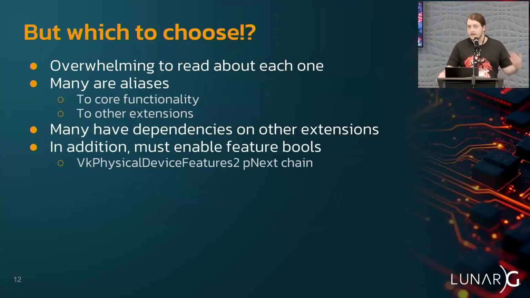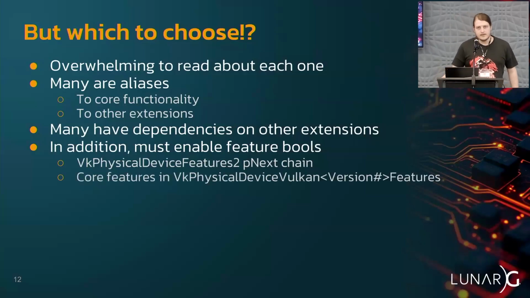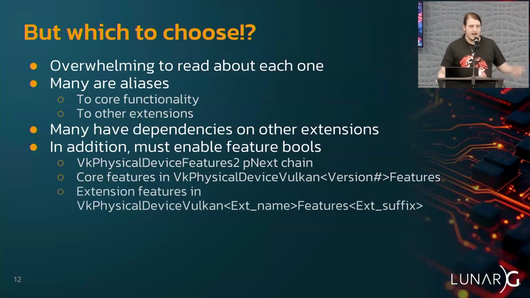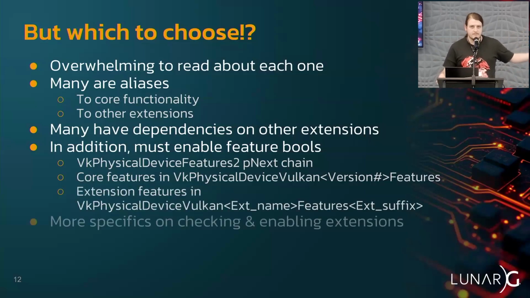You're querying these through the physical device features pNext chain and then enabling them in the vkCreateDevice pNext chain. Core features have very helpful core feature structs: physical device Vulkan 1.1, 1.2, 1.3 features, and extension features have a struct per extension.